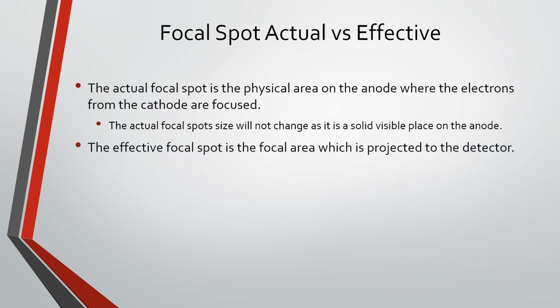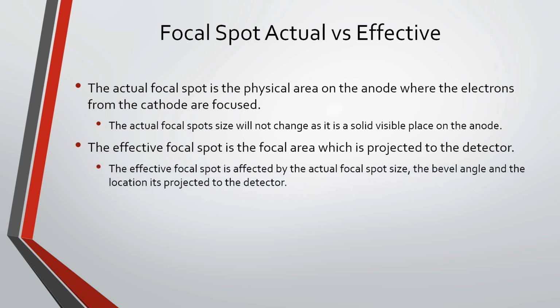Okay, the effective focal spot is a focal area which is projected to the detector. All right, so the effective focal spot is the projection of the focal spot towards the image. Okay, the effective focal spot is affected by the actual focal spot size, so by the physical size on the anode, and the beveled angle and the location it's projected to the detector.